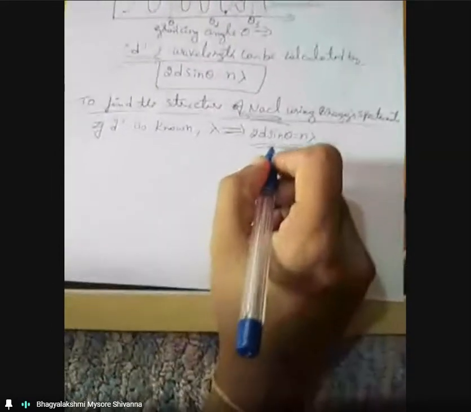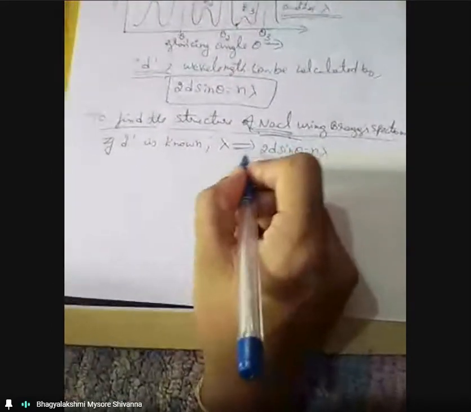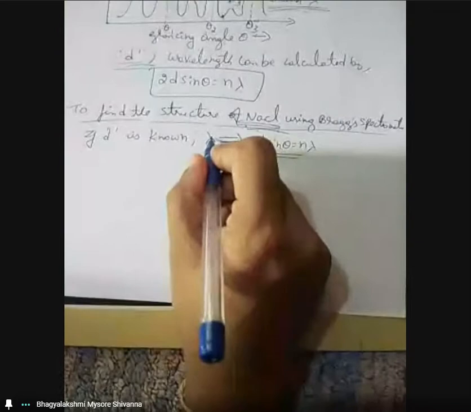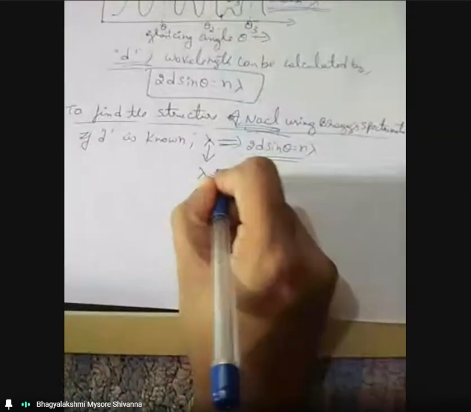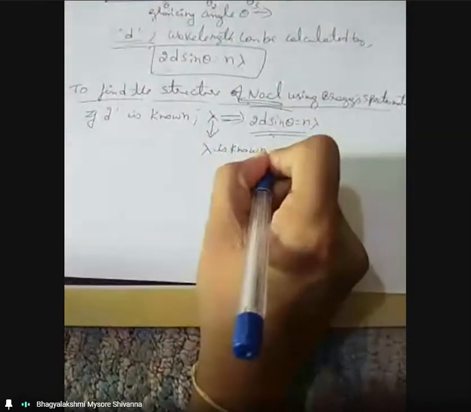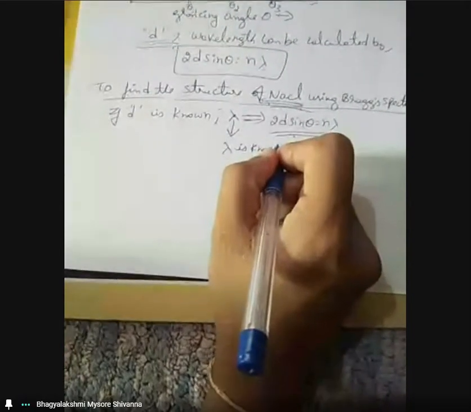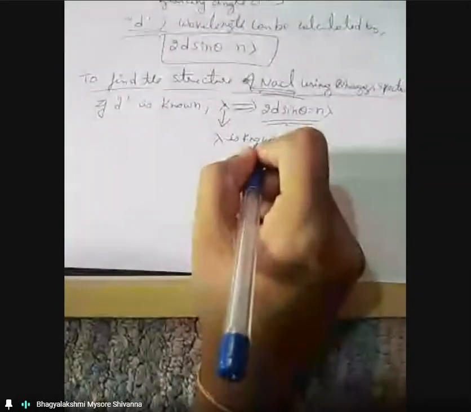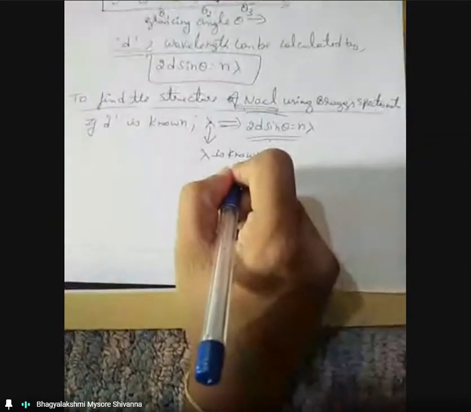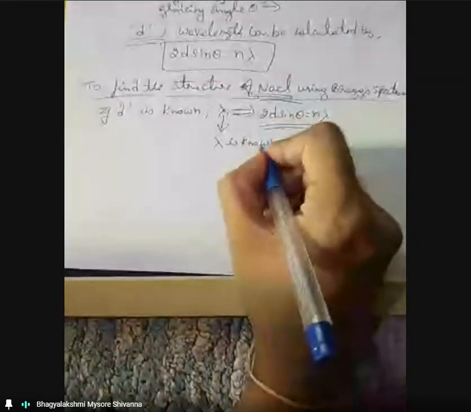If lambda is known for the first order, the glancing angle theta will be known from this graph.